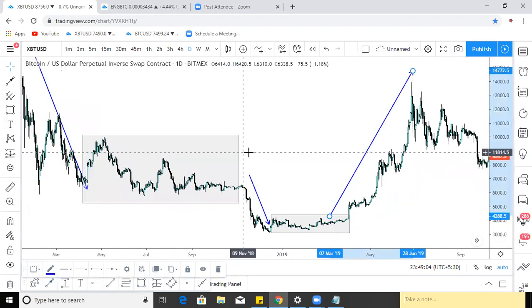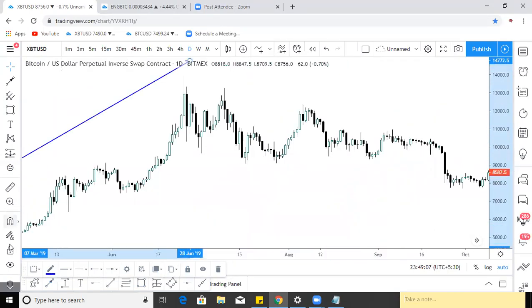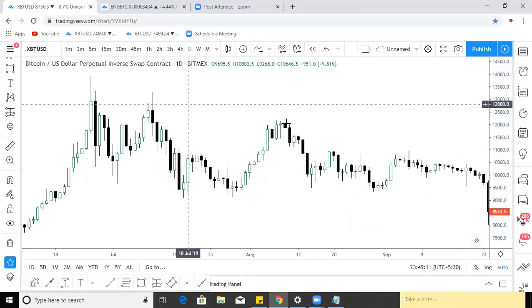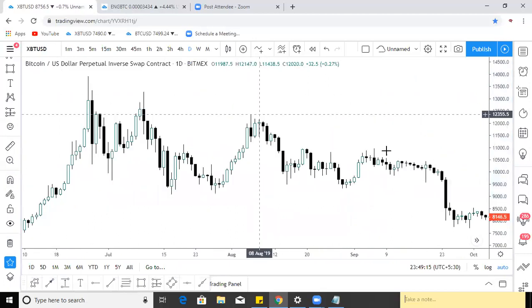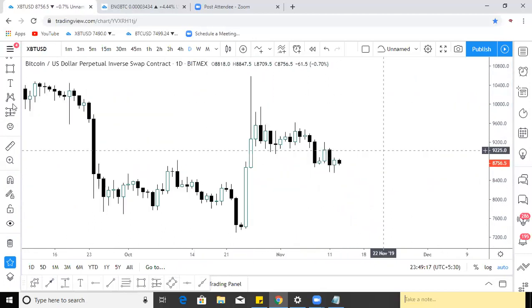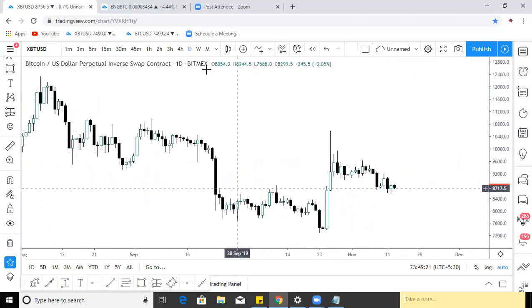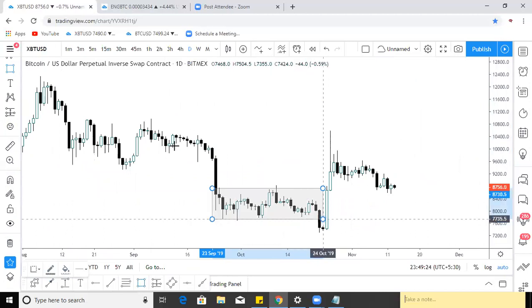But if we change the time frames, the trend generally changes. If I see the price on the daily time frame, it is in sideways, right? It is in a sideways rally.